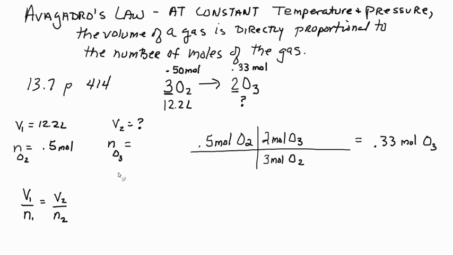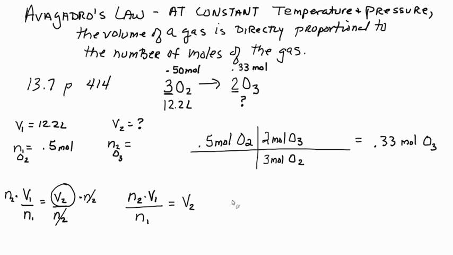We need to solve for V2. We've already calculated the number of moles that we have. In order to solve for V2, we multiply both sides by N2. Those cancel, and now we have N2 times V1 divided by N1 equals V2. Now we just take those numbers and plug them in.